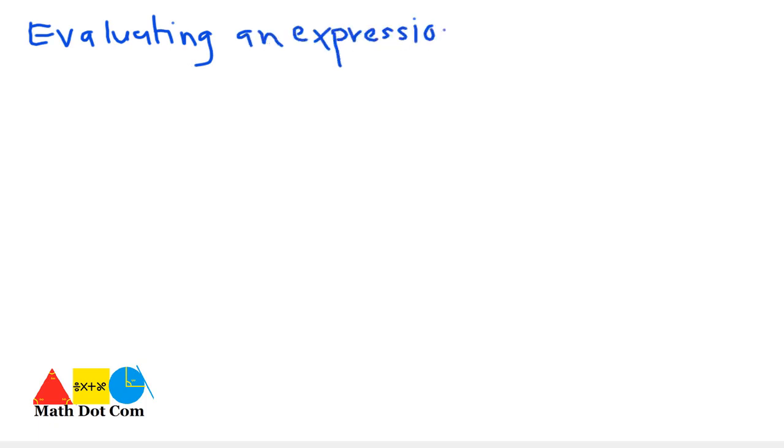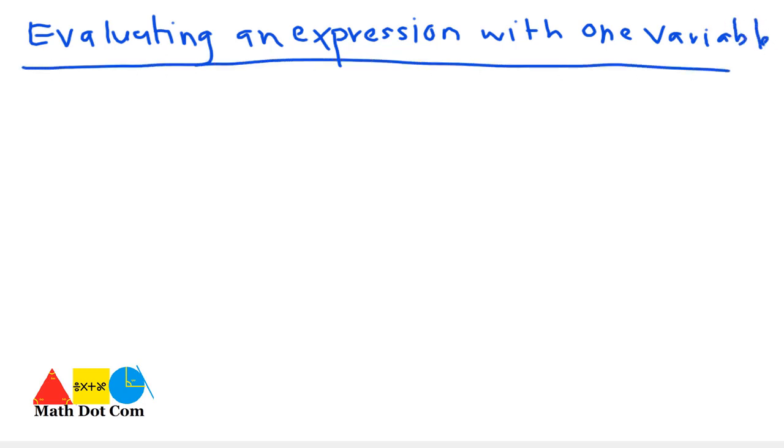Now we will see the evaluation of an algebraic expression with one variable. When you have one variable in an expression, how will you evaluate it? Let's take an example, as this is the easiest way to understand a concept.